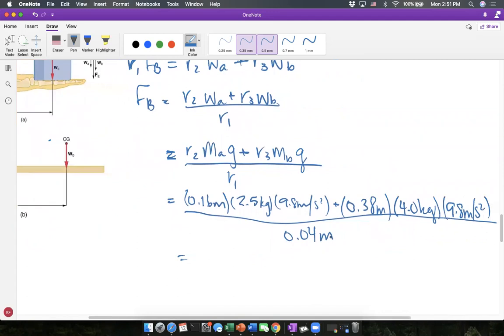So you can plug that into your calculator: 0.16 times 2.5 times 9.8, plus 0.38 times 4 times 9.8, divided by 0.04. And we get our force is equal to 470 newtons. So this is our force exerted by our bicep.